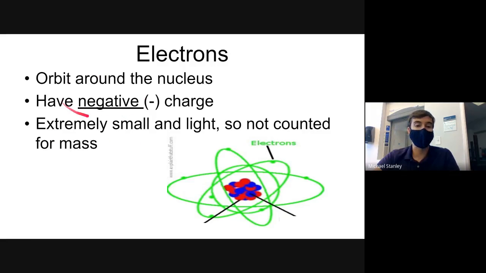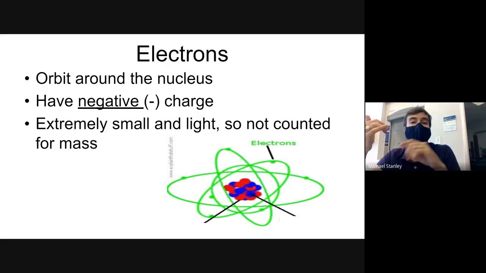They have these negative charges that balance out with the positives from the protons, but they're so tiny that they don't really get added on to the mass of the atom. We pretty much just count up the protons and the neutrons to give us our atomic mass, our weight of the atom.